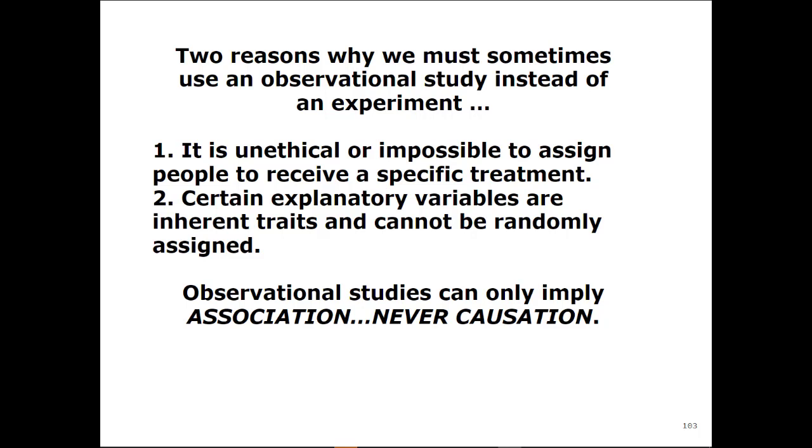We use observational studies in cases where it's unethical or impossible to assign people to receive a specific treatment, and when certain variables are only inherent. It's something about the person, about the subject, that cannot be randomly assigned. With observational studies, you can only imply association. You can never imply causation.